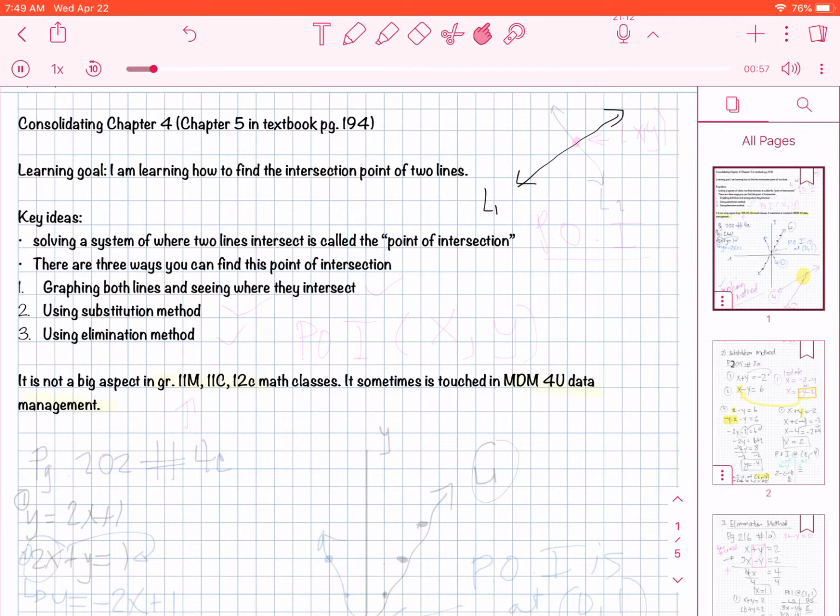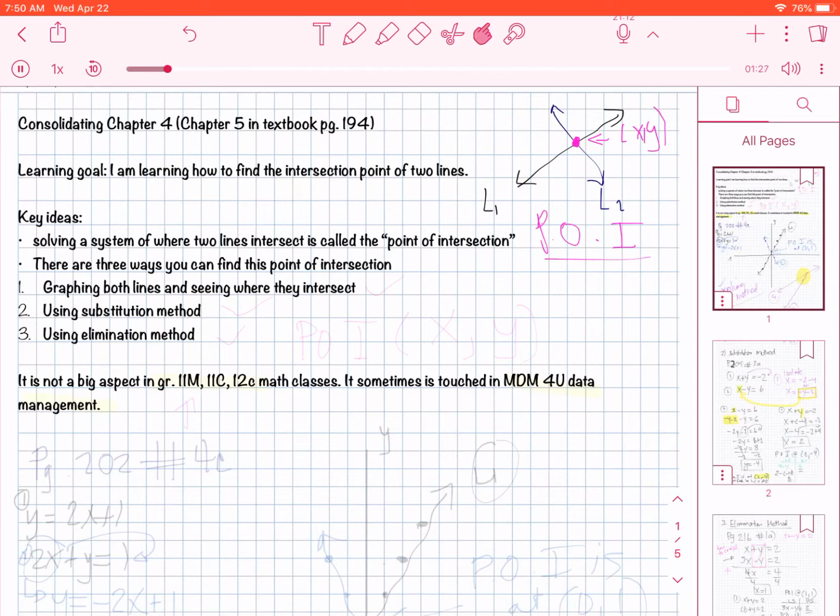You then graph a second line, and we call that line 2. What you're trying to find out is where they intersect, where those two lines intersect each other and create a coordinate of x comma y. That itself is the point of intersection.